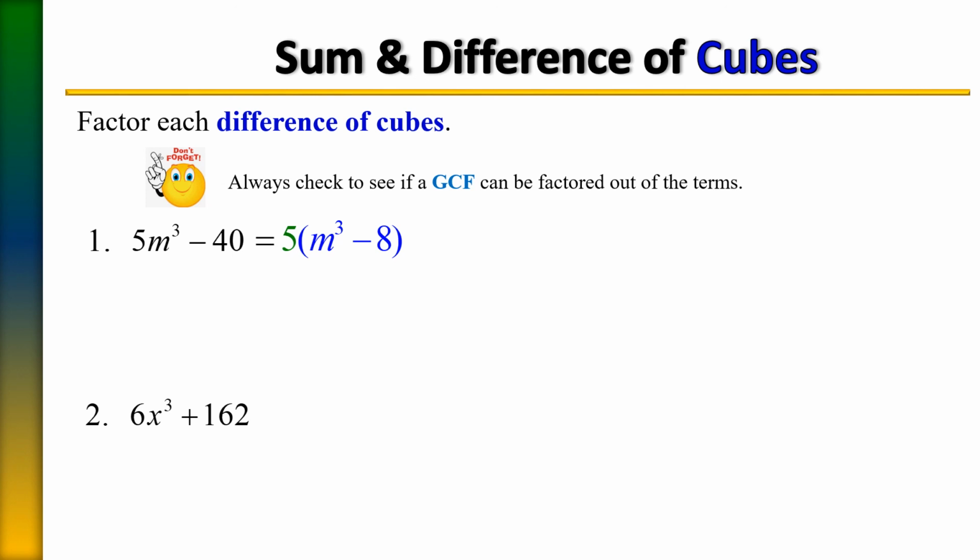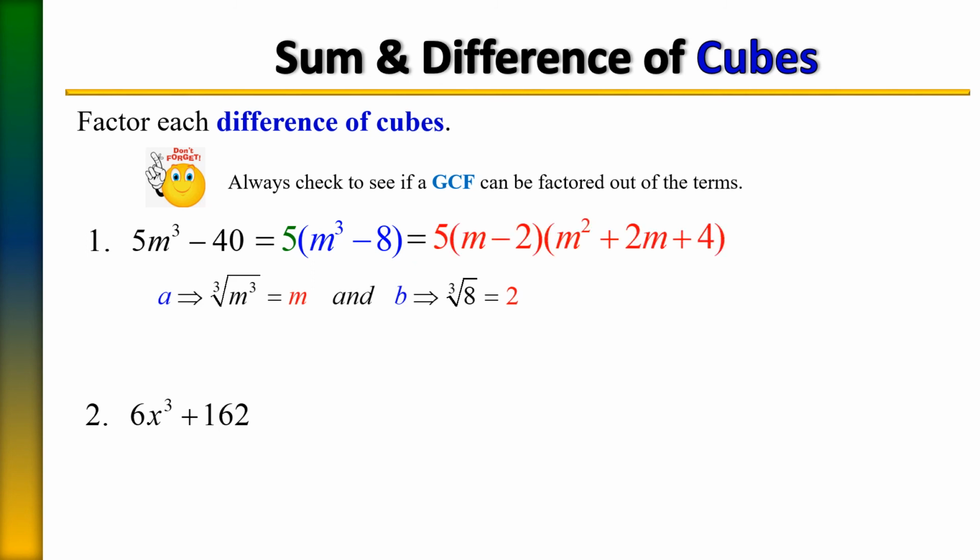Next, we notice here we have a difference of cubes. So we're going to go ahead and factor that difference of cubes. And there you have it with your answer, GCF on the outside.